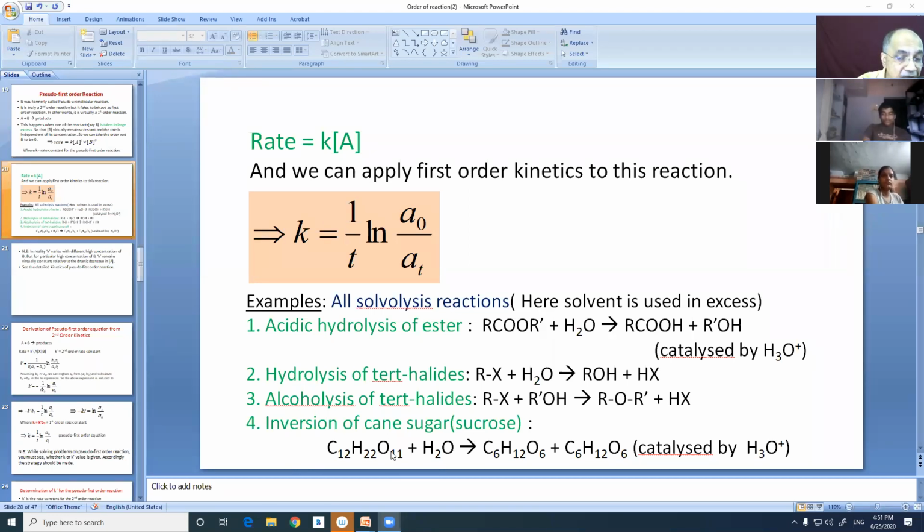Sugar is inverted to a mixture of glucose and fructose catalyzed by acid. That is also a pseudo first order reaction or pseudo unimolecular reaction where water is taken in large excess or as solvent. In the case of the third example, alcohol is taken in large excess, as solvent as well as the nucleophile. So you write this down, this is important for you.